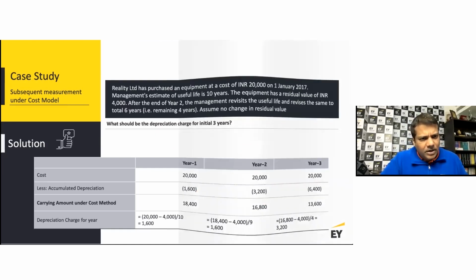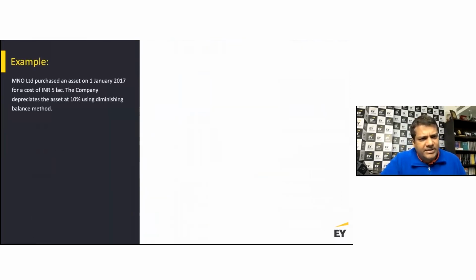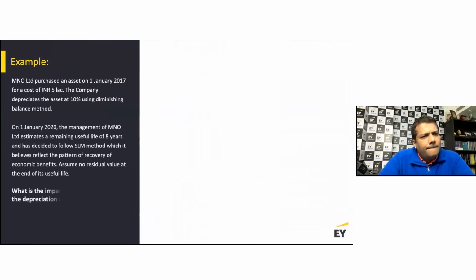All right. Okay. Let's look at this example. M&O Limited purchased an asset on 1st of January 2017 for a cost of INR 5 lakhs. The company depreciates the asset at 10% using the diminishing balance method, right? Diminishing balance method is another name for WDV, right?